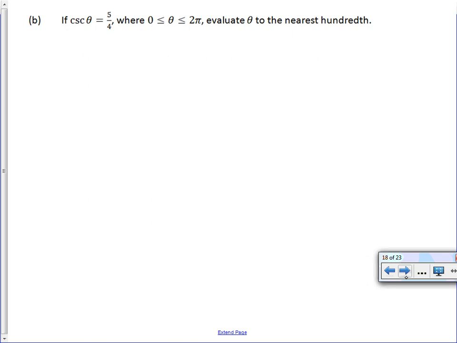If cosecant theta is 5/4, is there an easier version? Reciprocal. If I take the reciprocal of the left side, the reciprocal of cosecant is? So if I take the reciprocal of the left side, I also need to take the reciprocal of the right side. So 5/4 should become 4/5. Ding, ding, ding. So there it is. Solve that one. Solve the easier problem.